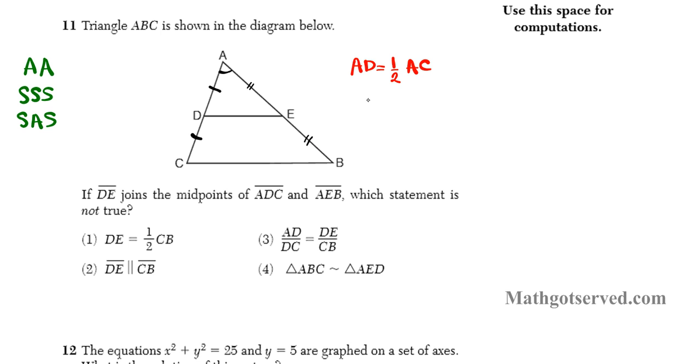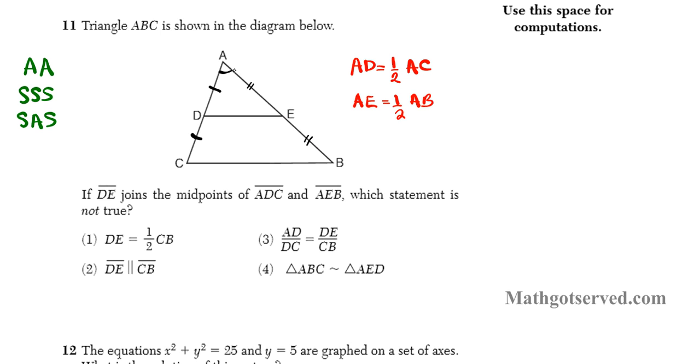And we also know that AE is going to be 1/2 of the entire length, which is AB. All right, since they have the same ratio, we see that the same constant of proportionality applies to both sides. Okay, so we have two sides that are proportional.